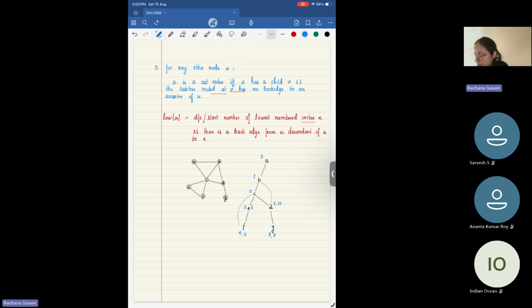Now I have explored all the vertices from C. Which are the back edges from C? C to A will be a back edge. Yes, C to A is a back edge.